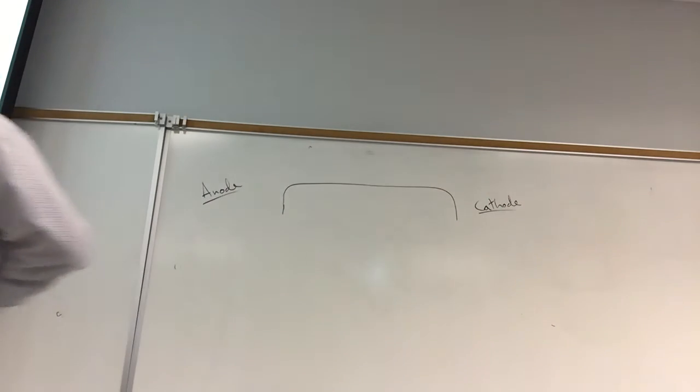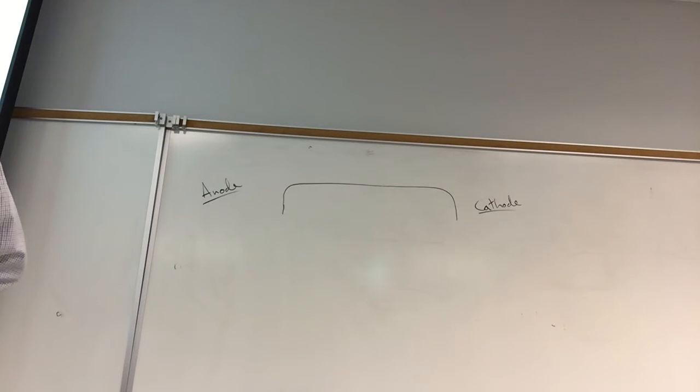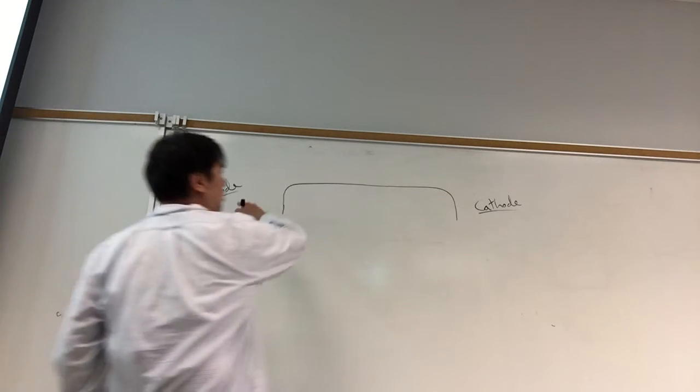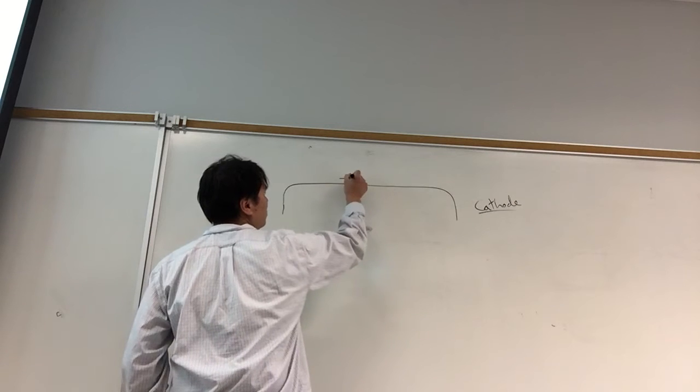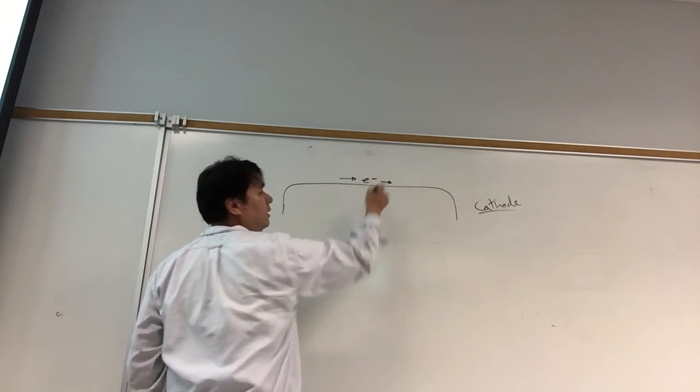Which way do the electrons travel through the wire? Do they go from left to right or right to left? Right to left. Right to left? It could go right to left, it just depends on what side of the table you're on, right? But since we want to always do it the same way each time, we're going to draw from left to right. And so it's going to go from anode to cathode. So electrons travel this way through the wire.